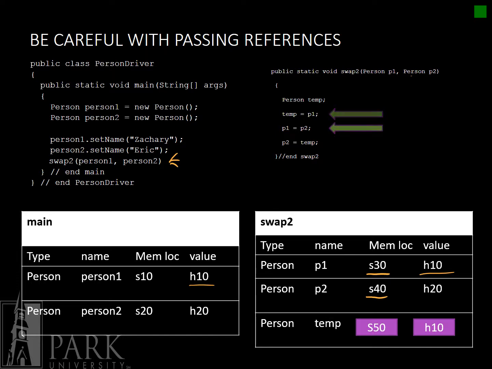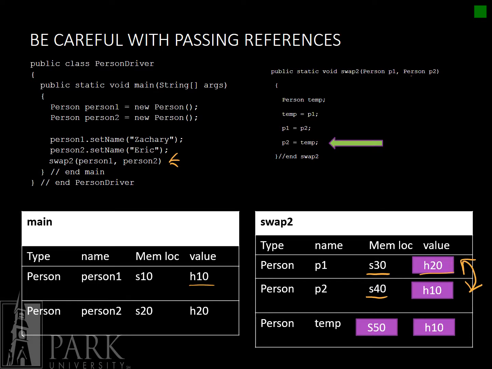Then we are setting P2's address to P1. So right now P2's memory address is H20, and so P1 is now going to equal H20, right? Temp is still set to H10, P1 now equals P2. Well, then we assign temp's value to P2, and so P2 now equals H10. So we've effectively swapped these two memory locations, right?